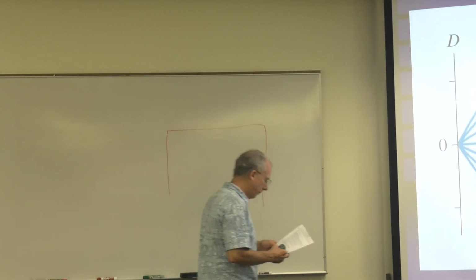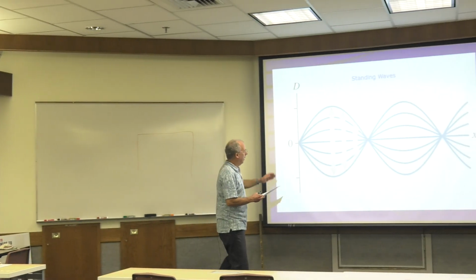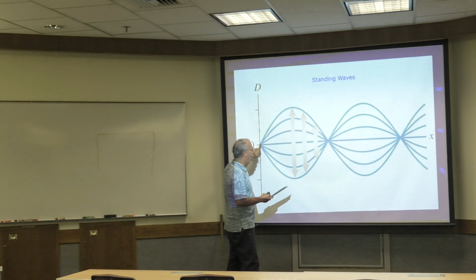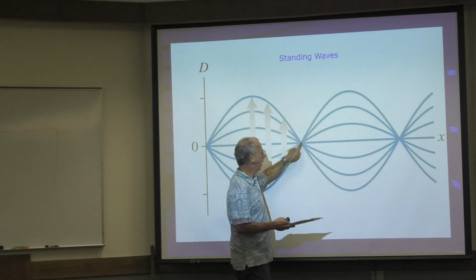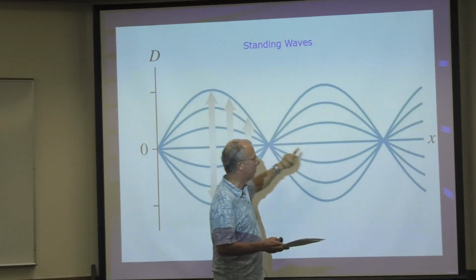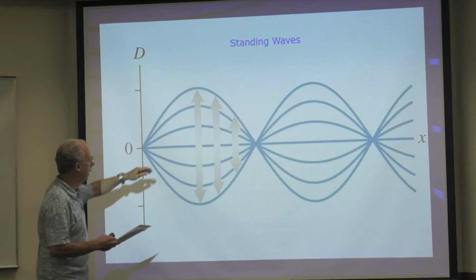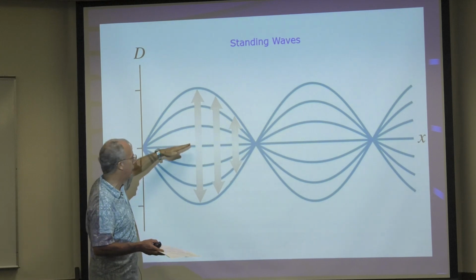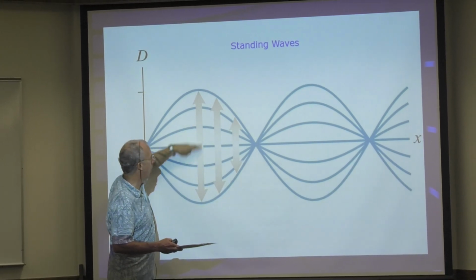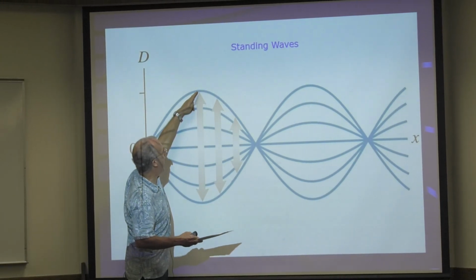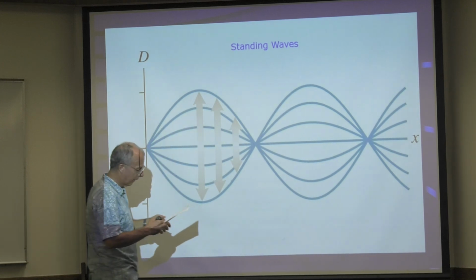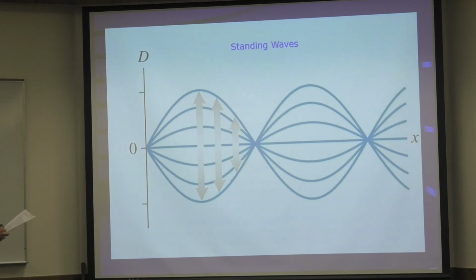All right. So 0 amplitude, always. 0 amplitude, always. 0 amplitude, always. And then this, you saw on the high-speed camera. It goes between the max and the min and everything in between.